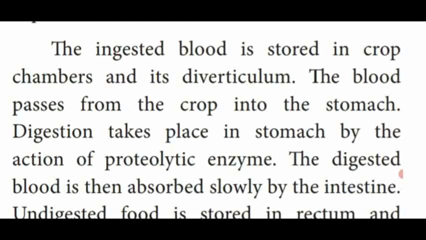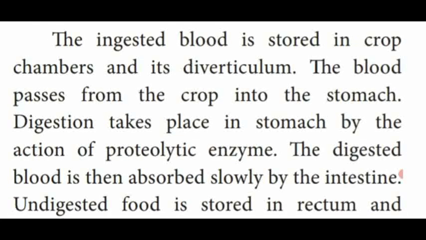Then after that, the blood is stored in the crop chambers, the 10 chambers of the crop, and after that it is stored in the caecum or diverticulum. Then from the crop or diverticulum, the blood passes to the stomach region, where digestion takes place in the leech body with the help of an enzyme called a proteolytic enzyme.